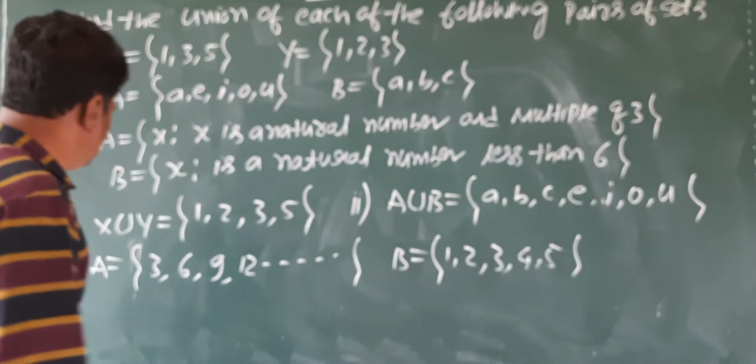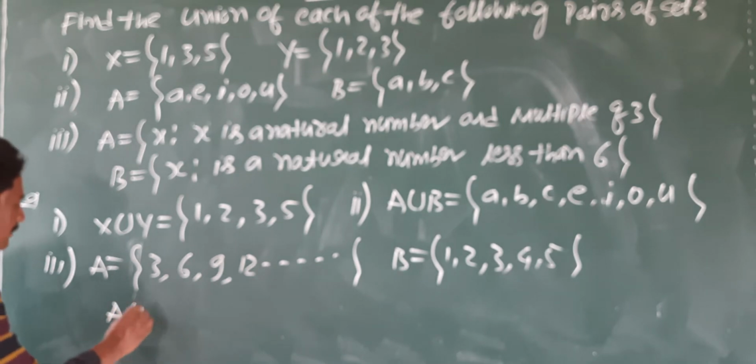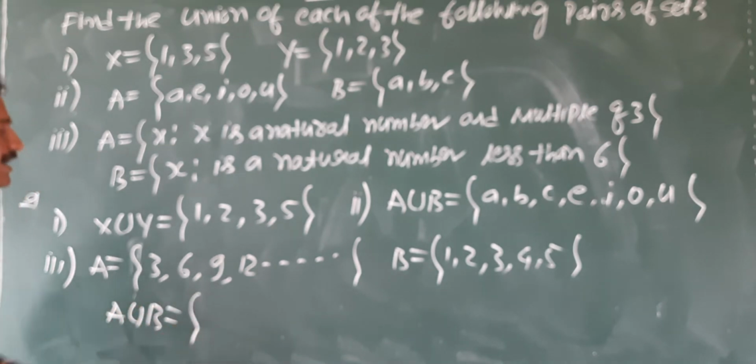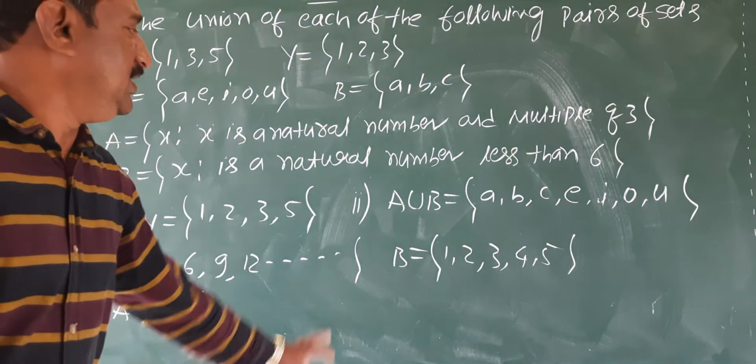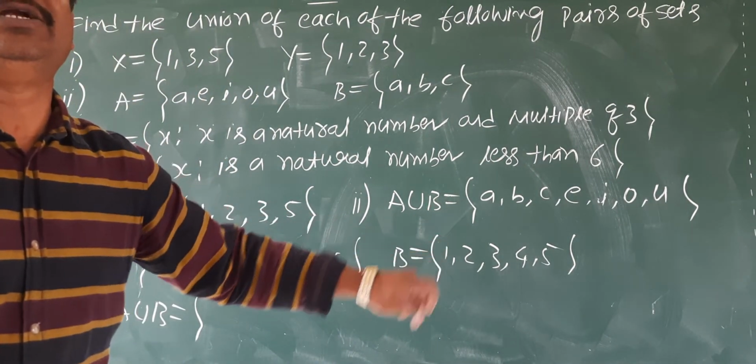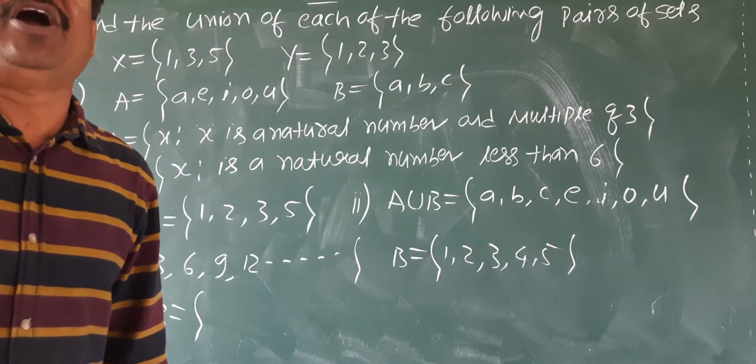Now A union B. I write this in set builder form because writing the union of these two sets in set builder form is more convenient.